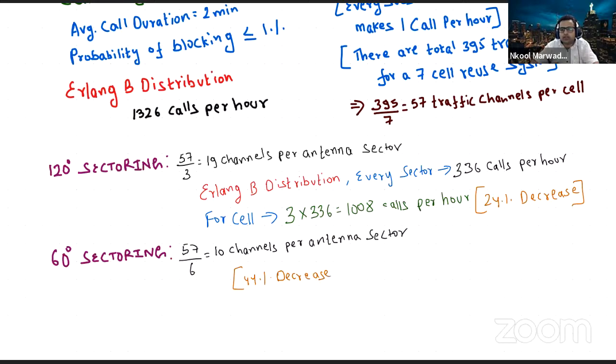So this decrease is in terms of trunking efficiency, and hence we proved that in cell sectoring, trunking efficiency decreases, like it has been seen experimentally.